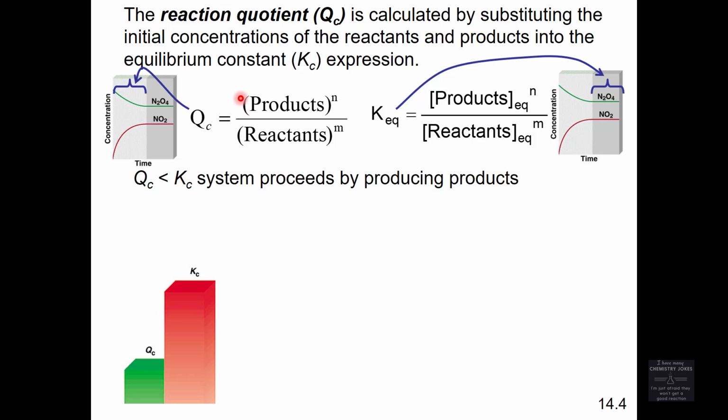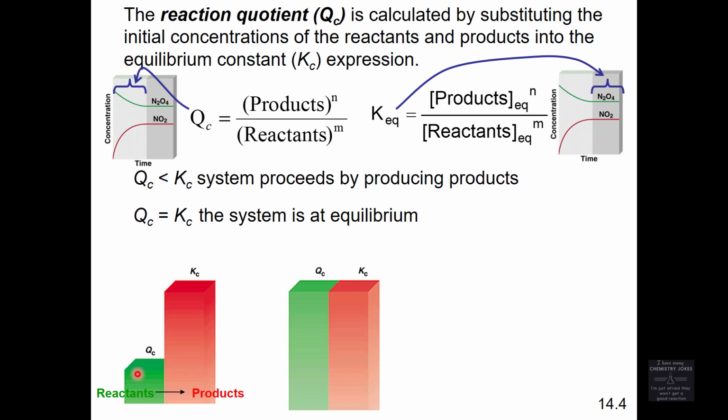So that means that my numerator needs to get bigger in order for Q to equal K. So that means I need to produce more products. When Q is equal to K, it's at equilibrium. So I need to make this Q bigger in this first instance to reach equilibrium. So I produce more products in order to reach equilibrium.